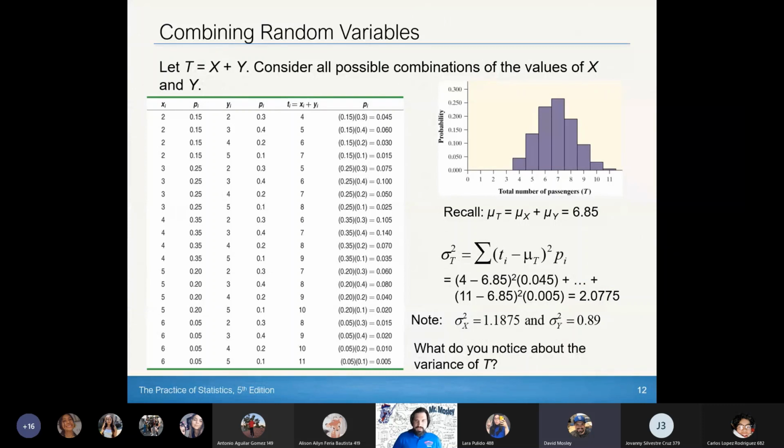I can't directly get to the standard deviation by adding standard deviations, but I can square the standard deviation to get back to the variance. I can add the variances to get the variance of t, in this case the sum of the random variables, and take the square root and I have a standard deviation.